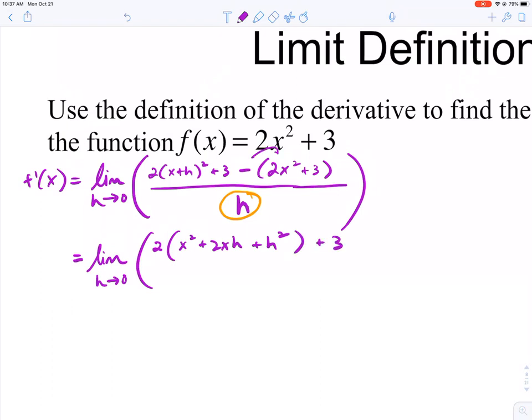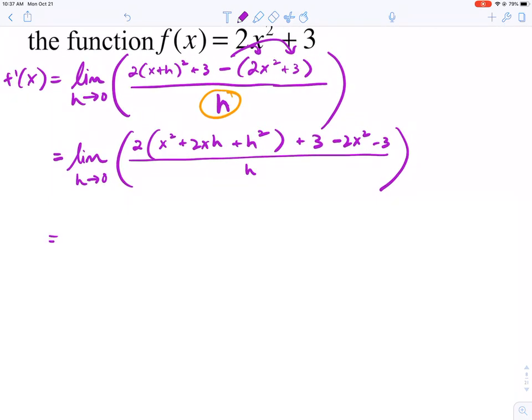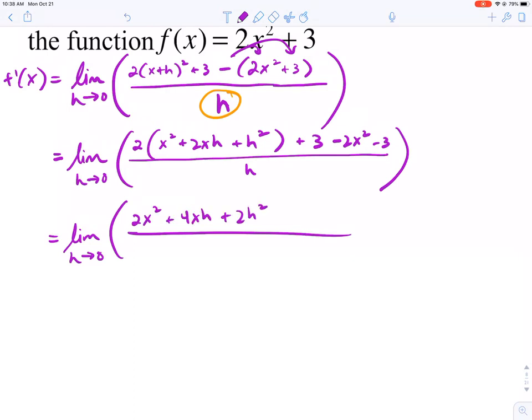I'm going to distribute that negative to have minus 2x squared minus 3 all over the h. This is a limit, so I'm keeping the limit notation until I'm able to use direct substitution again. Distribute the 2 in. So we'll have 2x squared plus 4xh plus 2h squared plus 3 minus 2x squared minus 3.